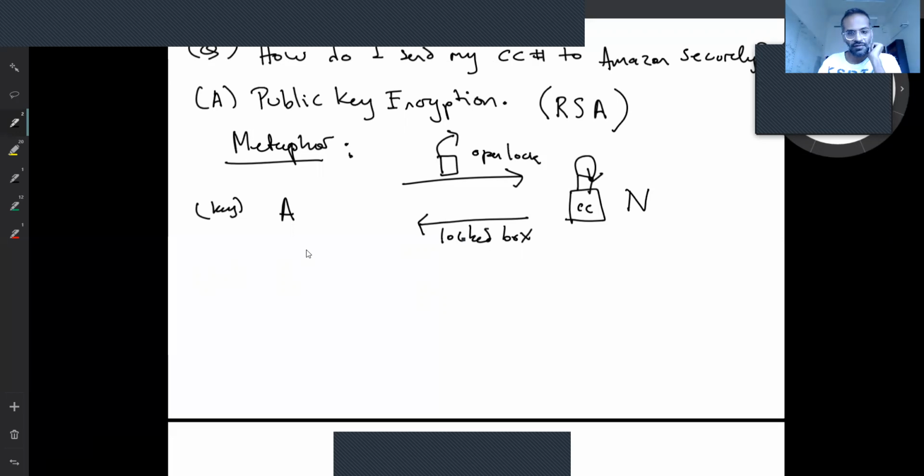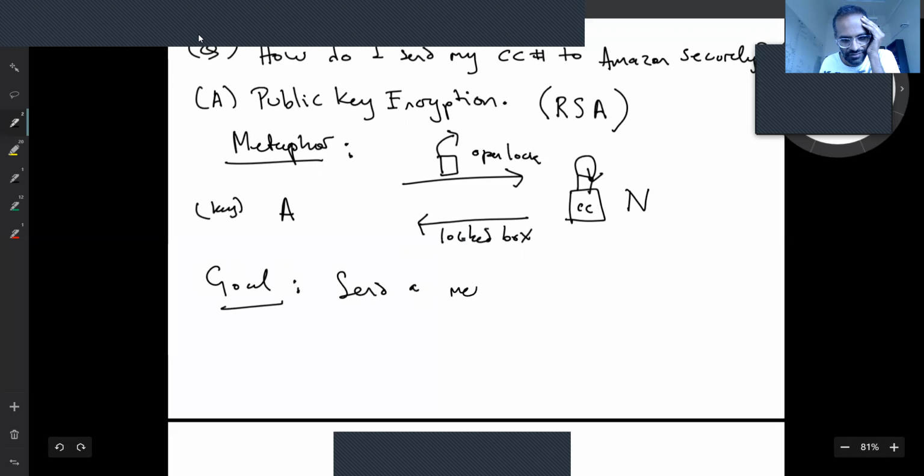Okay. So at a high level, the goal is to send a message M, which is a number, and the way this is done is in three steps.